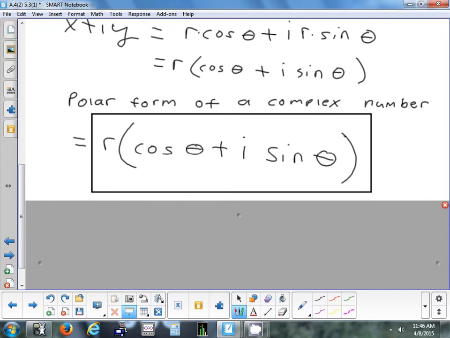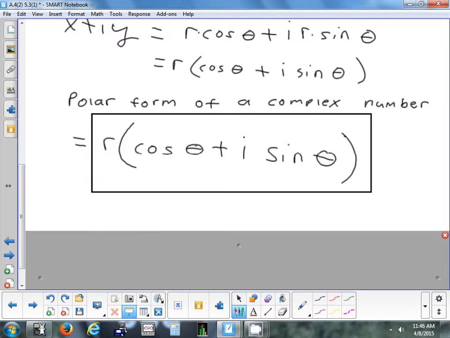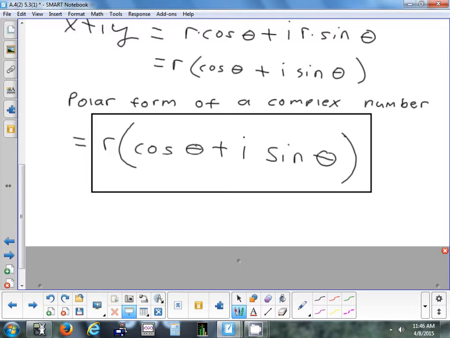So we have to figure out R and we have to figure out theta. We already have formulas for doing that. We did that yesterday. Theta was inverse tangent of y over x. I'm not going to rewrite the formula because you already have it. And to find R, it's R squared equals x squared plus y squared. You use the exact same formulas you already know. Nothing new.